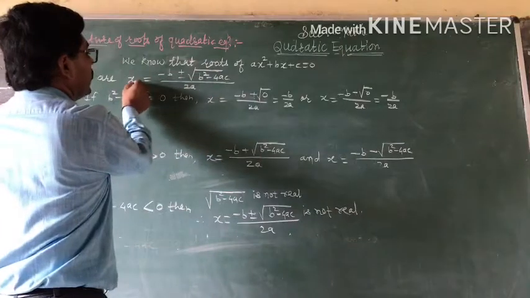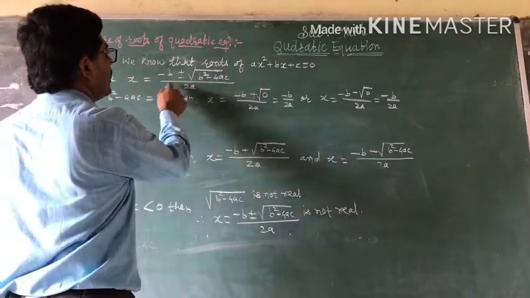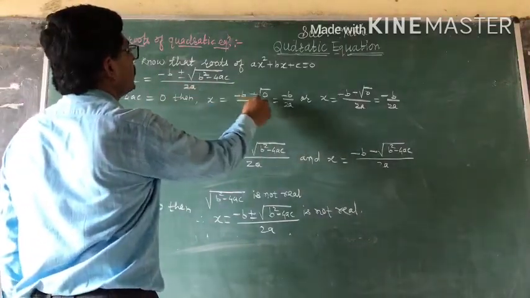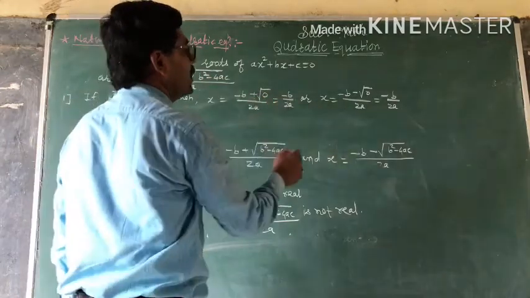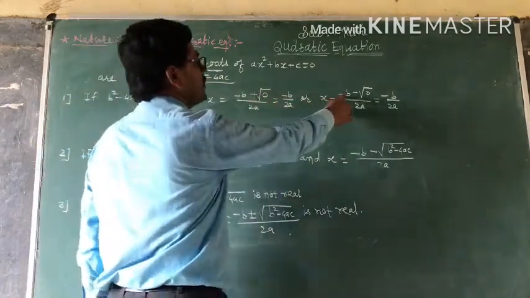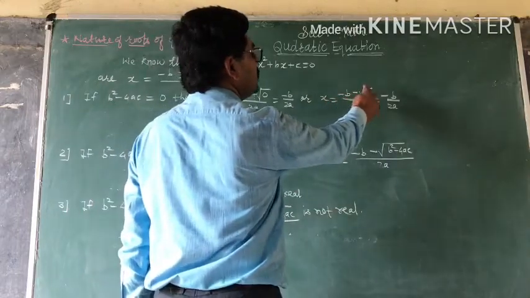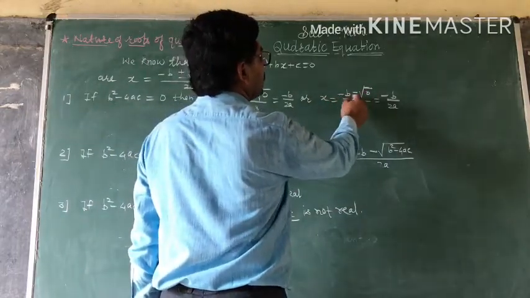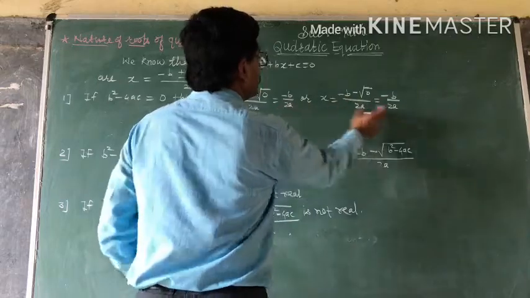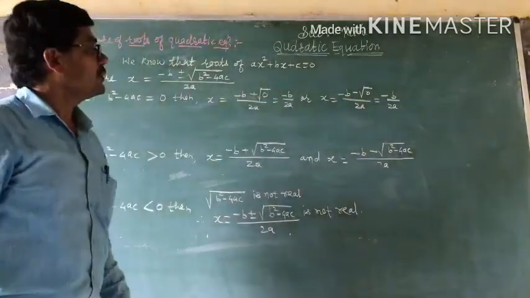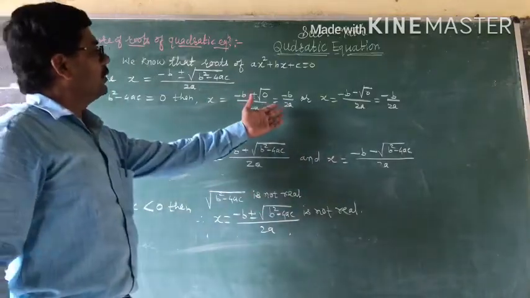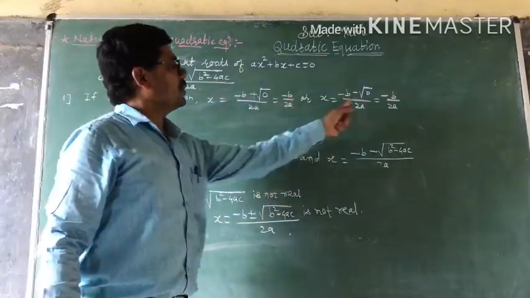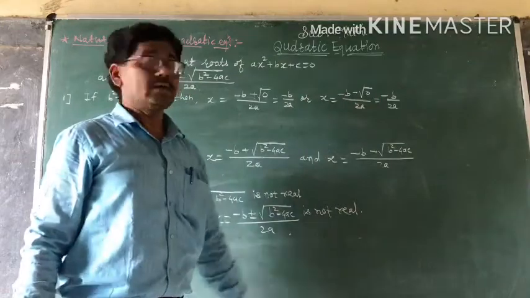the roots are (-b + √0)/2a, which means -b/2a, and another one is (-b - √0)/2a, that means -b/2a. Both the roots are exactly the same, that means equal, and these values are real.